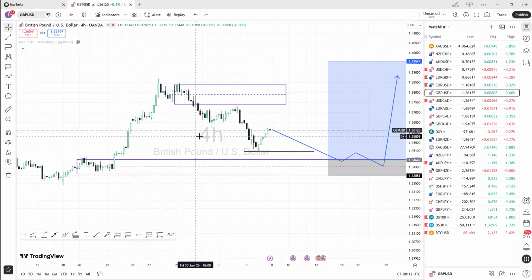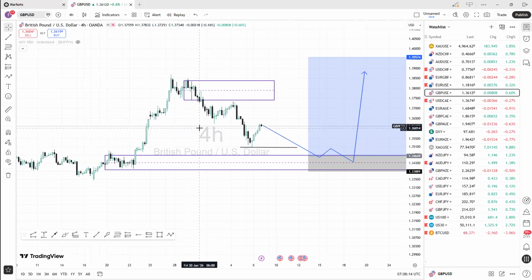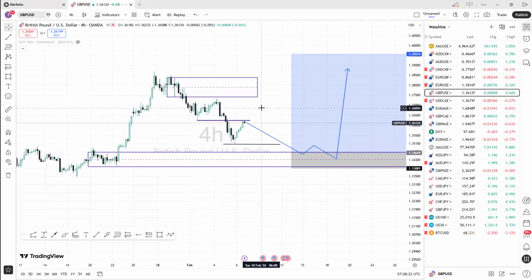On the lower time frame, that is the 4-hour time frame here, you can see price broke what was support, but it turned to be resistance. So we expect this price will react from that resistance, and then you can pick a short position for next week on the 4-hour time frame.